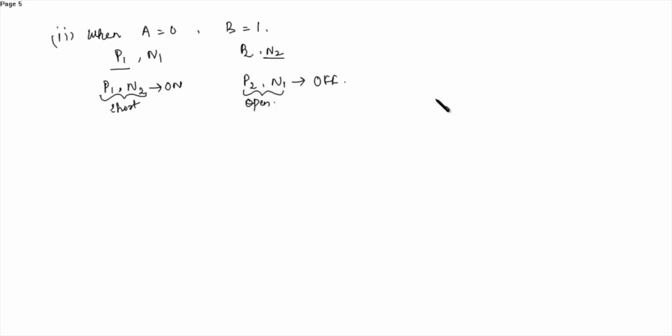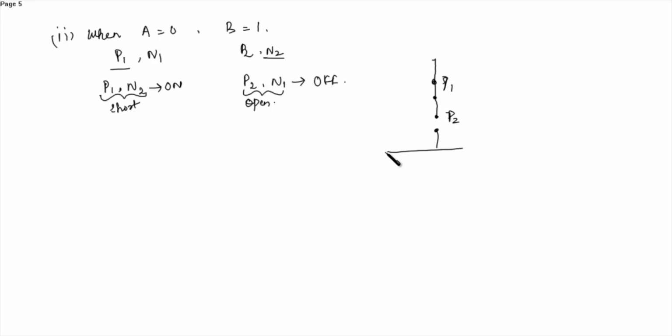So now, when P1 and P2 are in series, if P1 is on, represented by short circuit, P2 is off, so represented by open circuit. This is P1, this is P2.